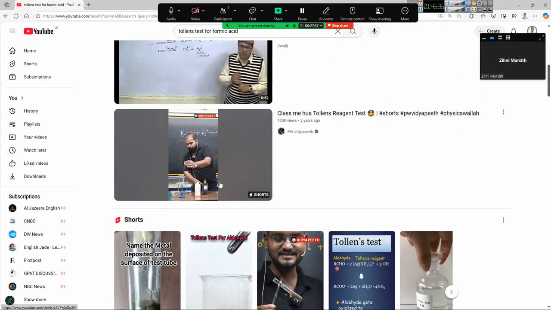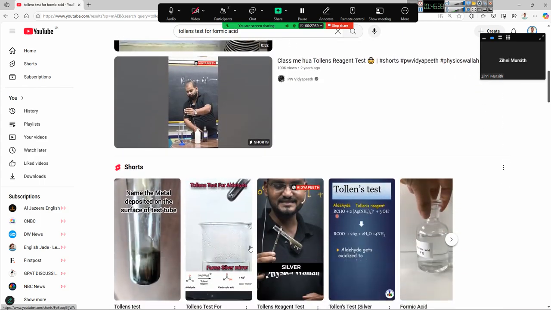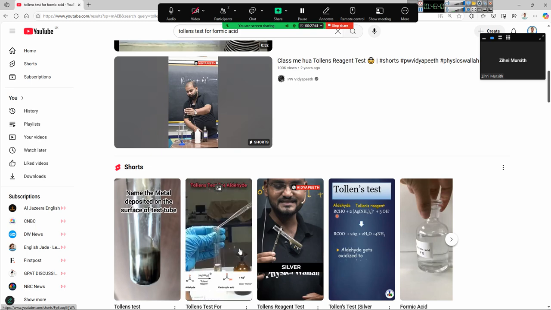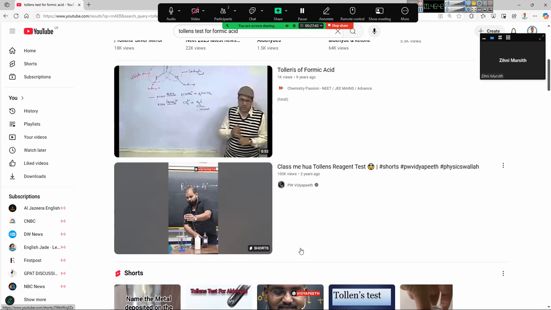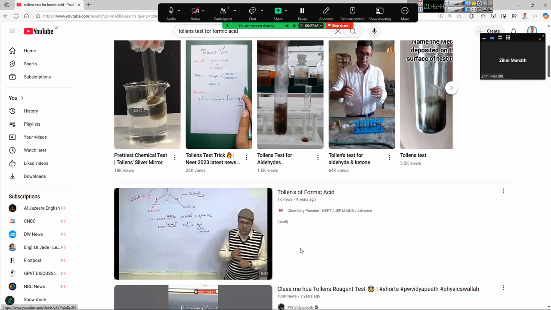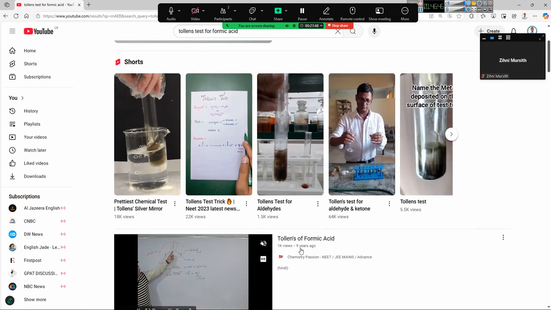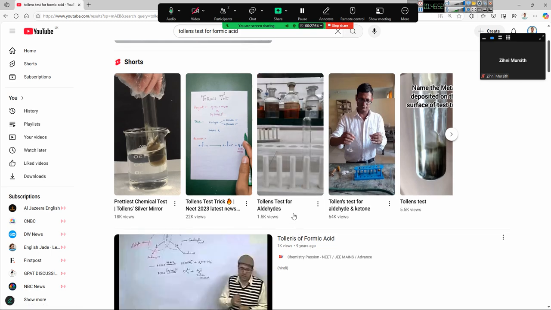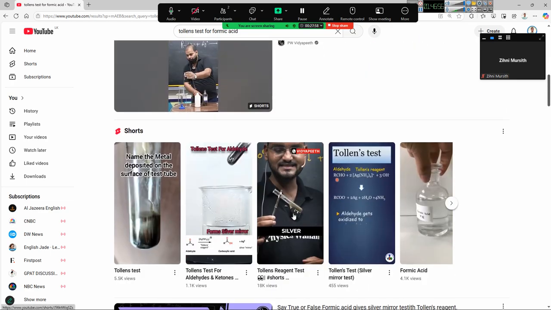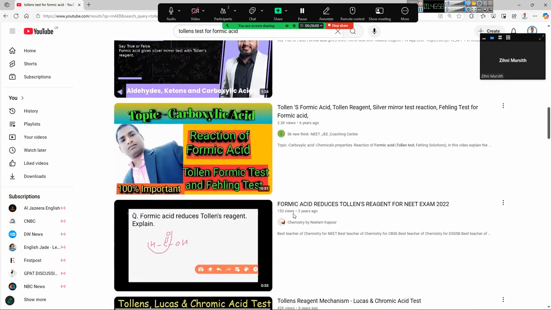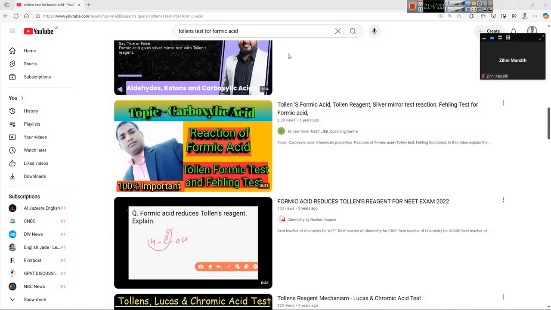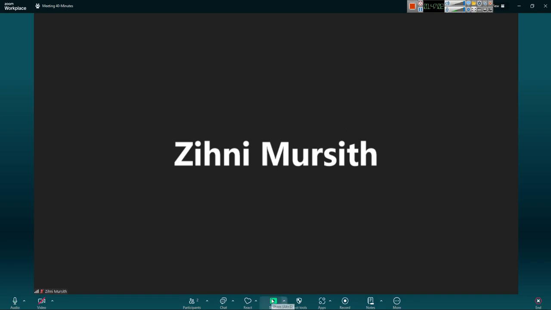The white color precipitate thing. Yeah, you can see, right? So after putting it, you should get the white color precipitate. I hope you can understand, right? And in the laboratory, you can perform all these things. Okay, so we will move to the next one now.